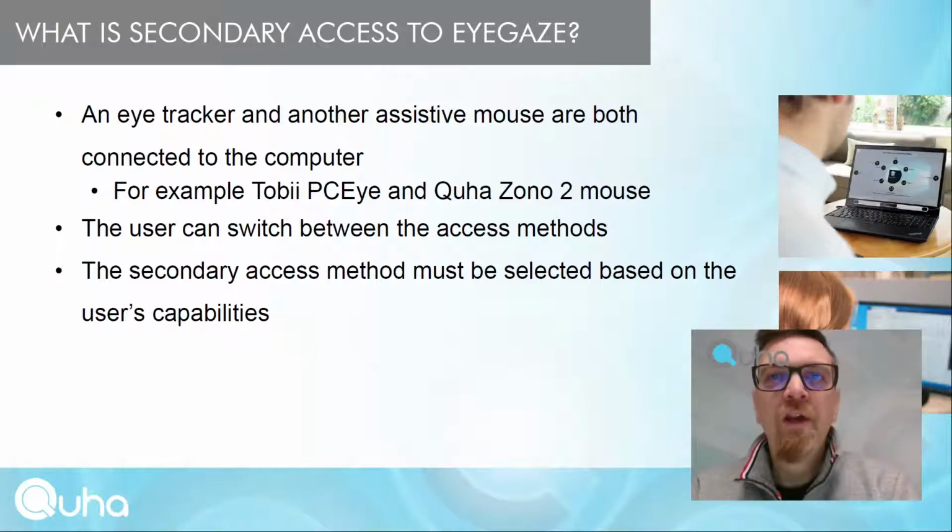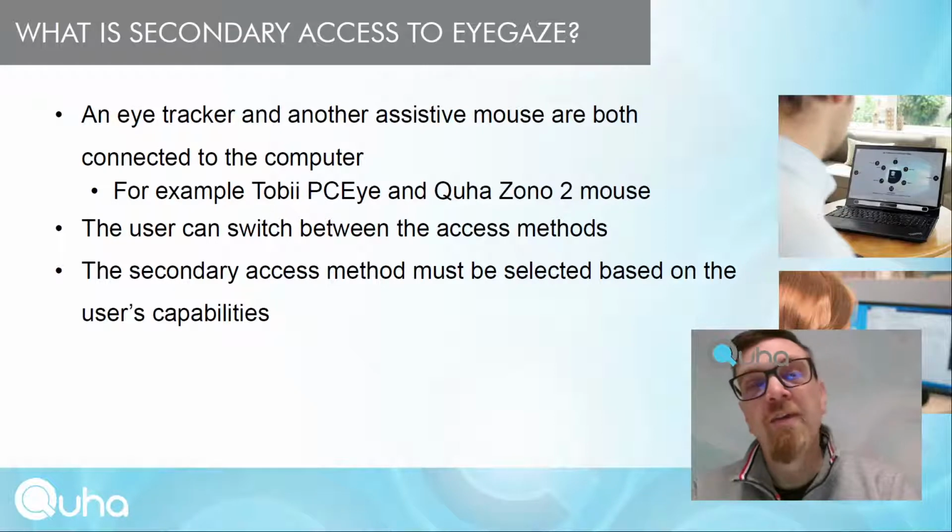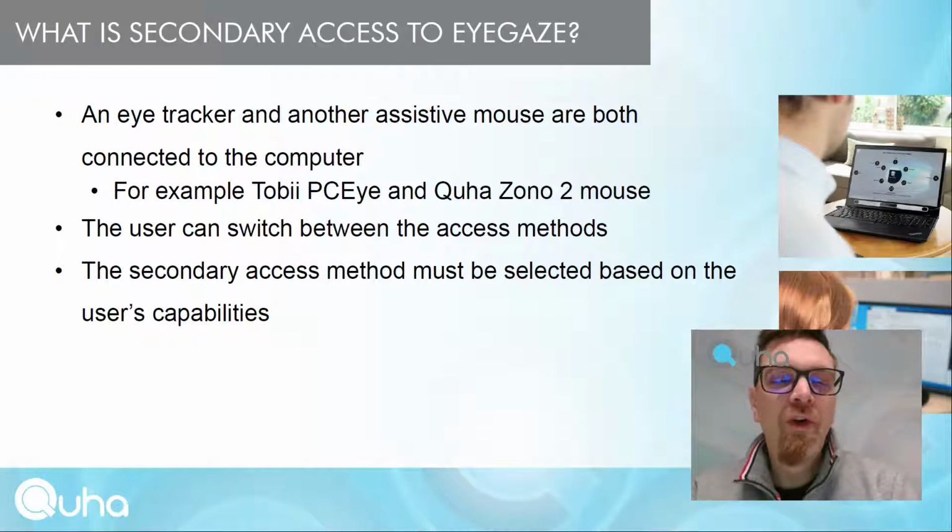Of course, when selecting any assistive access method, it must be selected based on the user's capabilities. But if the user can move his or her head, one good possibility for this secondary access device could be Quha Zono 2 mouse.